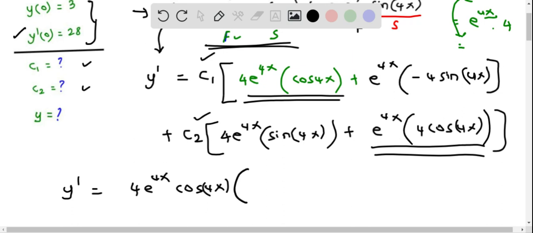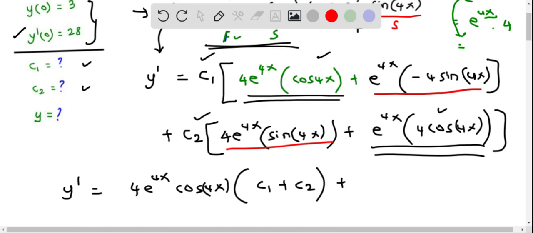When we factor this, in the first term we will have C1 left, and in this term, it's a product multiplier with C2, so it will be left with C2. And similarly, I can now factor this 4 e power 4x sine 4x, as well as this is also 4 e power 4x sine 4x, but we have a negative.